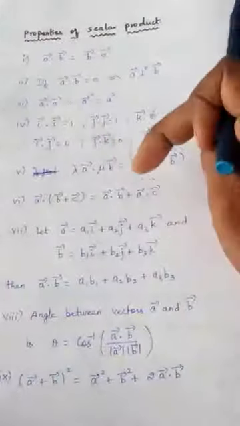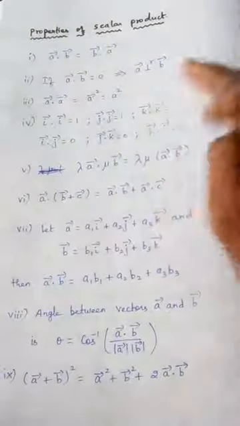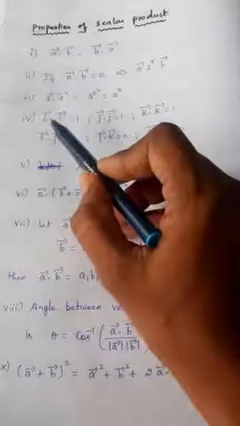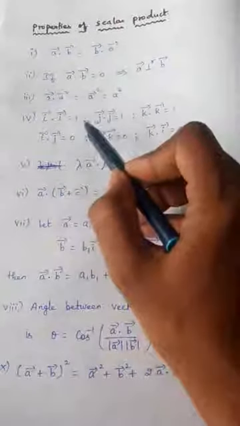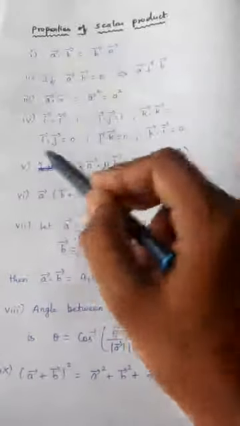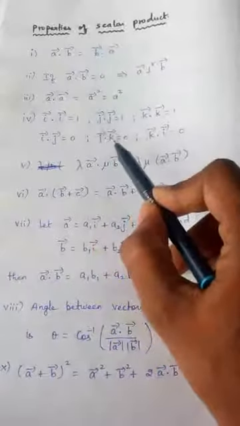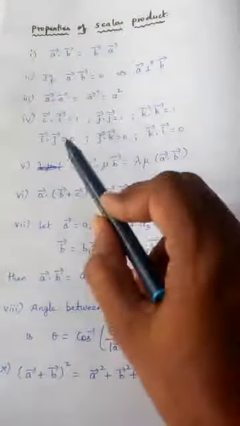J vector is the unit vector along y-axis. K vector is the unit vector along z-axis. So I dot I is 1, J dot J is 1, K dot K is 1. If we change, that is I vector dot J or J dot K, K dot I, the answer becomes 0.